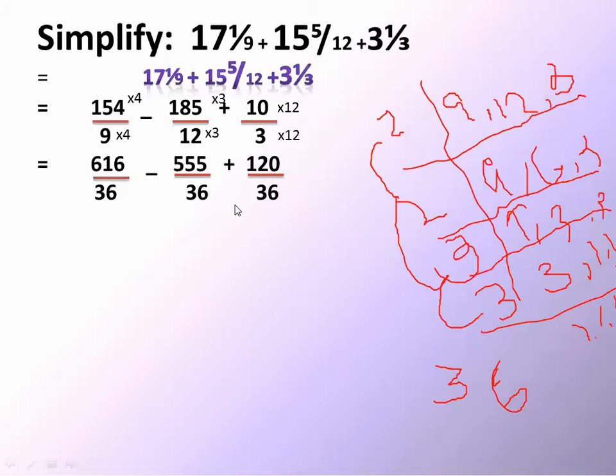Now you will simply subtract 555 from 616 and then add 120 to it. But please keep in your mind, you will always first add the fractions and then subtract, because according to the DMAS rule, we will always do addition first and then move on to the subtraction.